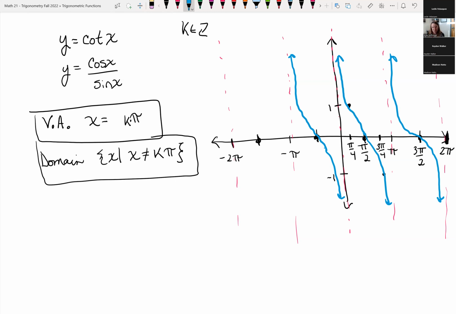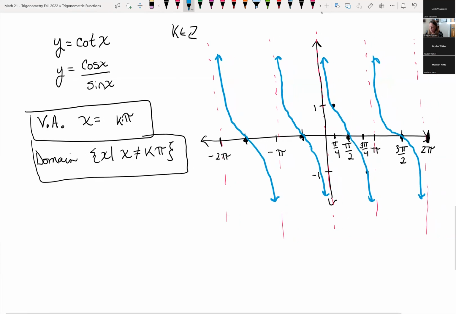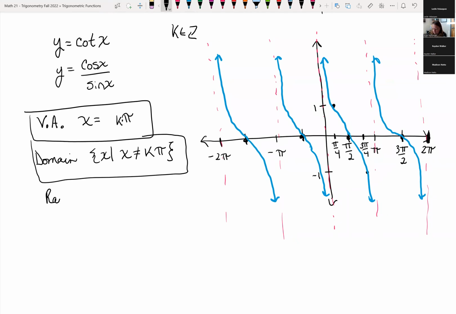Tangent of x was the same thing as cotangent of pi halves minus x. Except that this is also a decreasing function where tangent was an increasing function. And then our range is that we're hitting all real numbers. So -infinity to infinity.